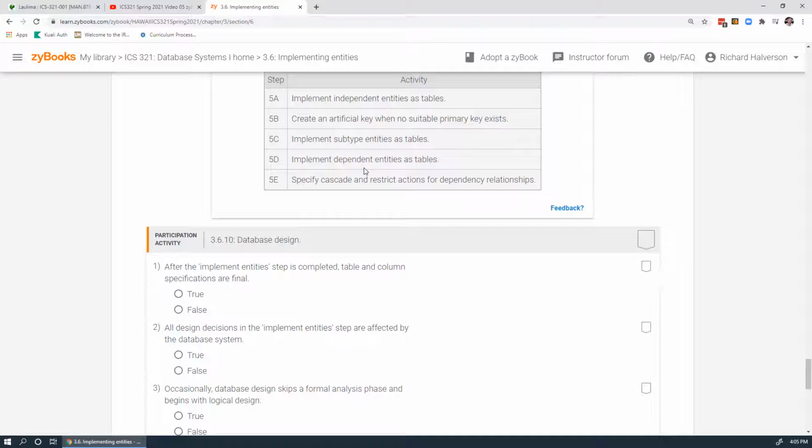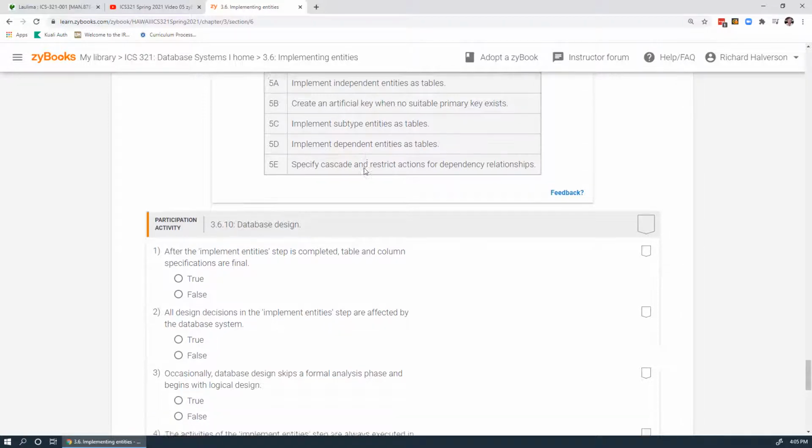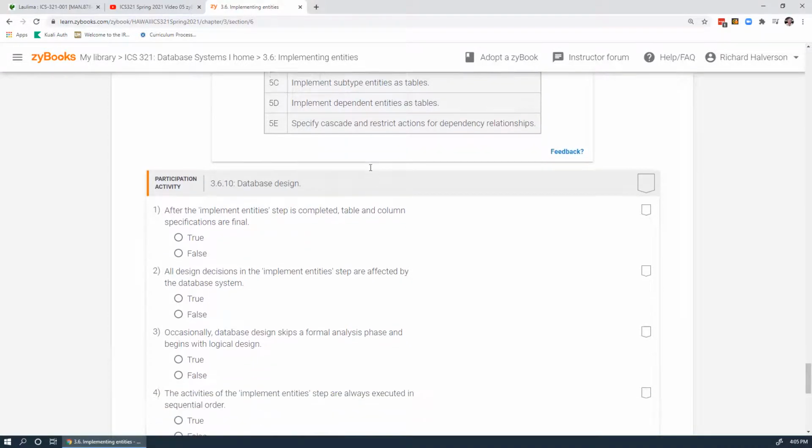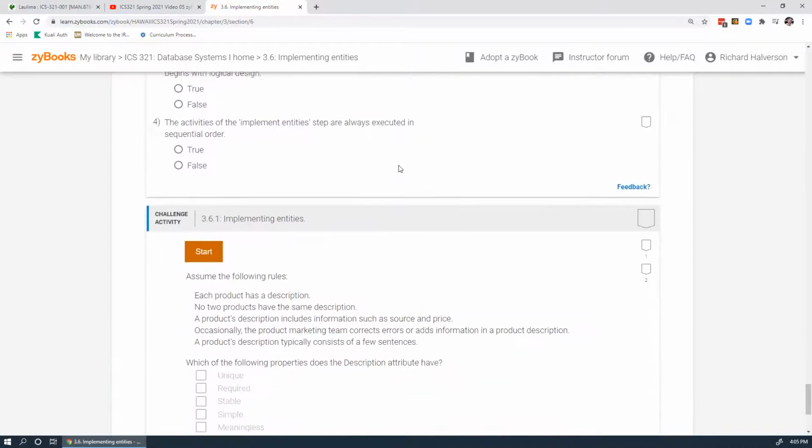If somebody attempts to delete a supertype, do you want to just go ahead and delete subtypes that depend on it, or do you want to throw an exception and tell the user that that's an illegal operation? If you want to delete this supertype, you've got to go delete these. Got to take care of these subtypes first.